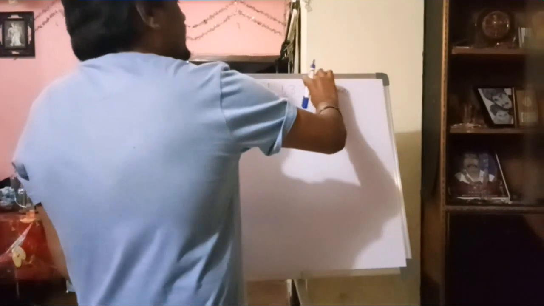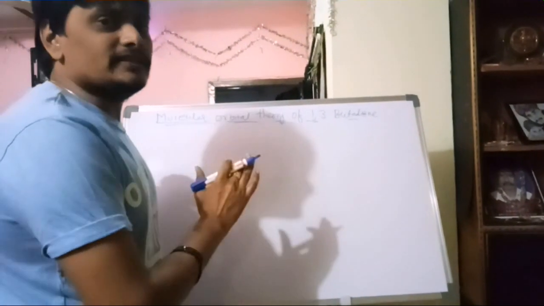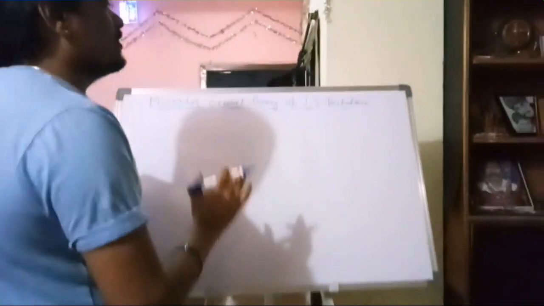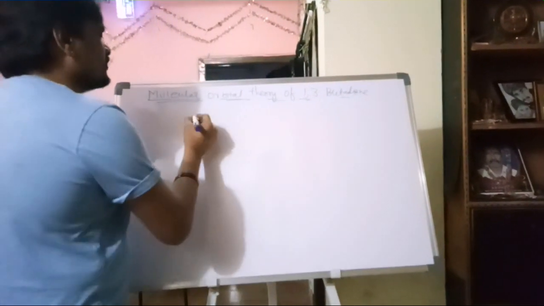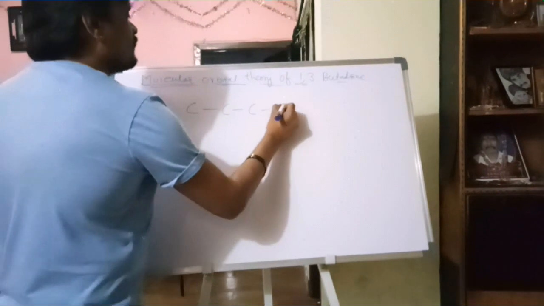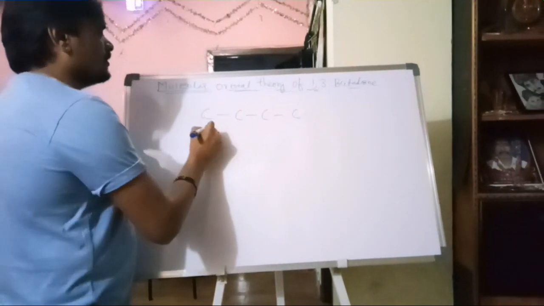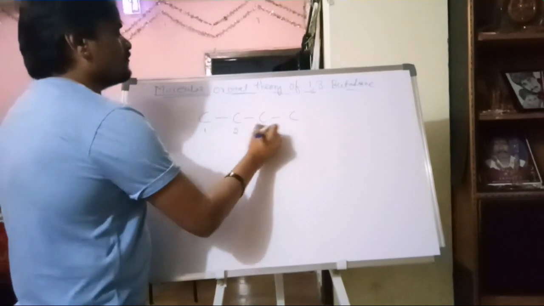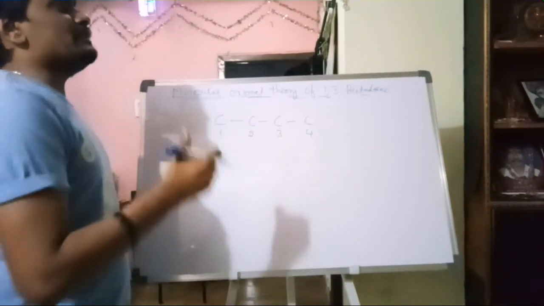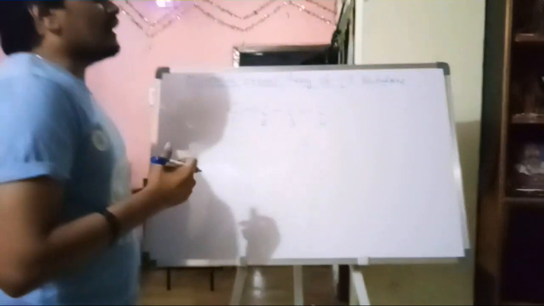"But" stands for 4 carbons: 1, 2, 3, 4. Now label the carbons, 1, 2, 3, 4. And "ene" means alkene.